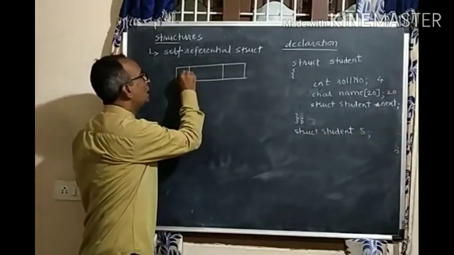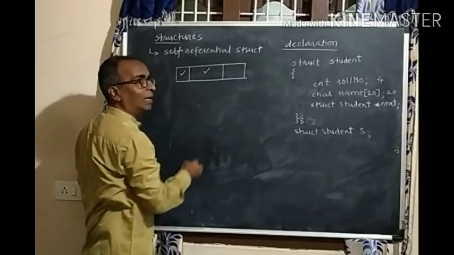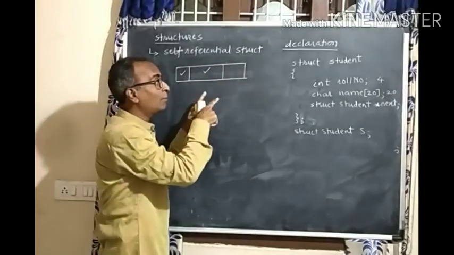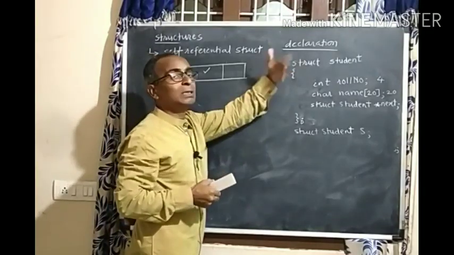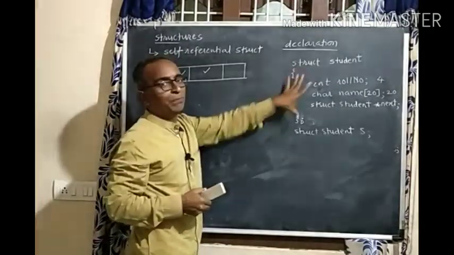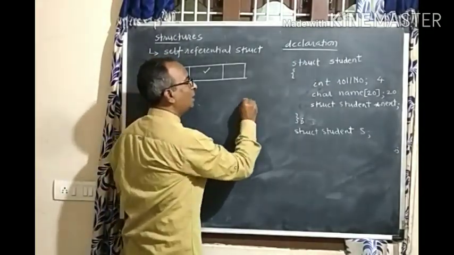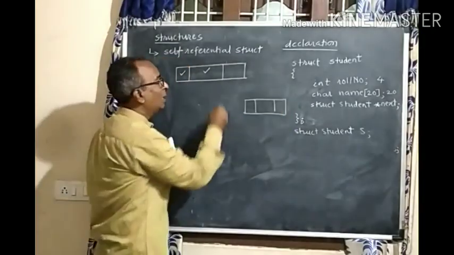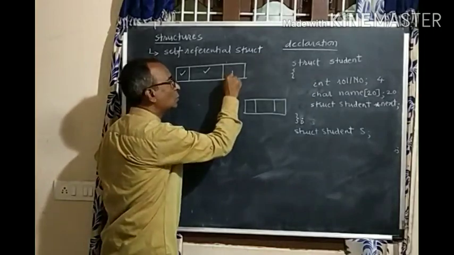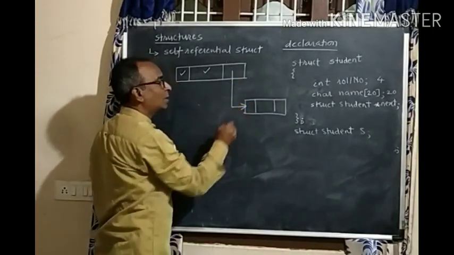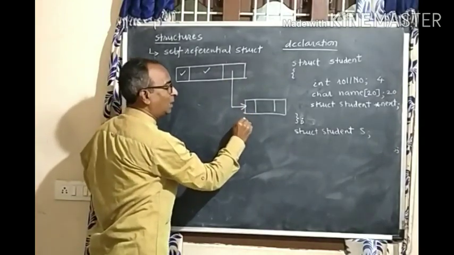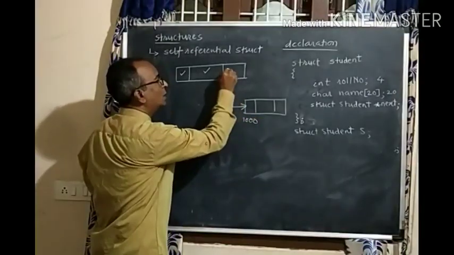So here it might have a roll number, here it might have a name, but this will have the address of some structure variable of this type. Suppose this is some structure variable you have created. Now what can it store? It can store the address of some structure variable. So this address might be 1000.